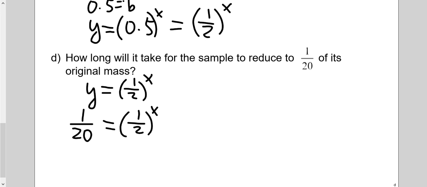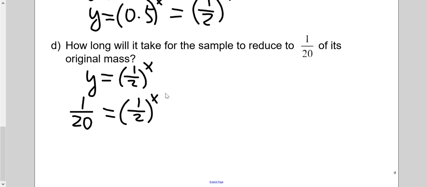Unfortunately, this is the beginning of the unit, so I have not taught you anything about solving something like this algebraically. At this point, you can do it graphically. In the future, once you learn the algebra, you can solve a question like this either algebraically or graphically. Take out your graphing calculator.